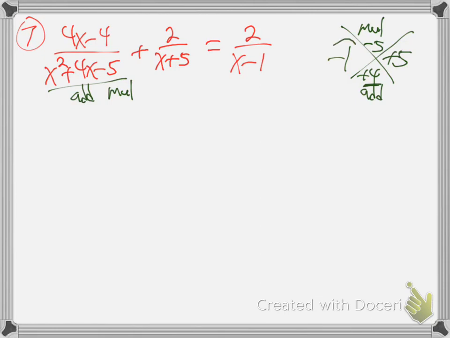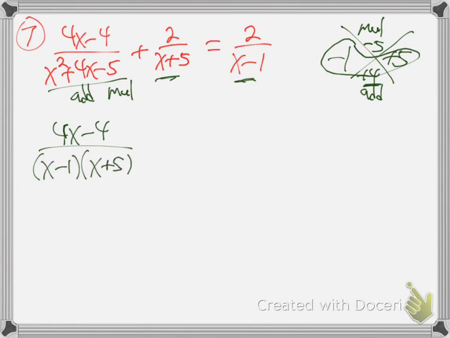So minus 1 plus 5 adds to be plus 4 and multiplies to be negative 5. So there we go. No big surprise, it's the other two players. It's going to be x minus 1, x plus 5.